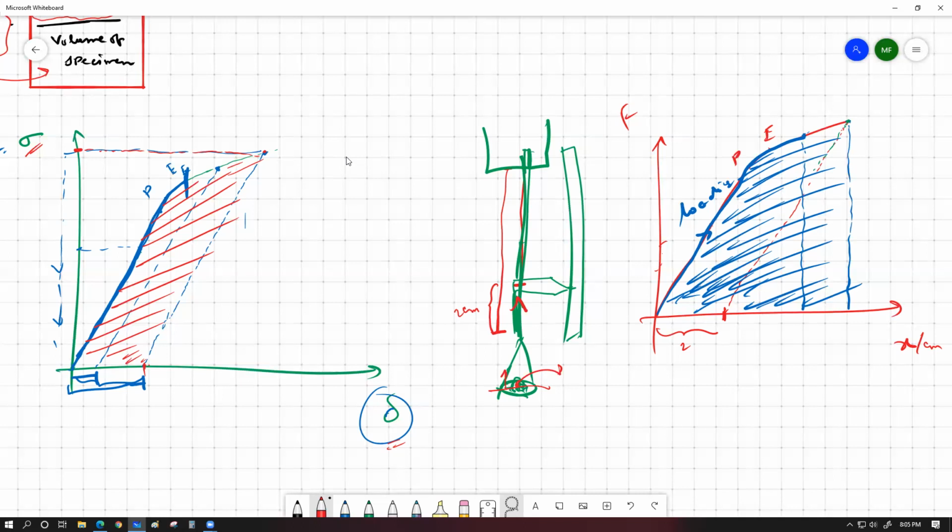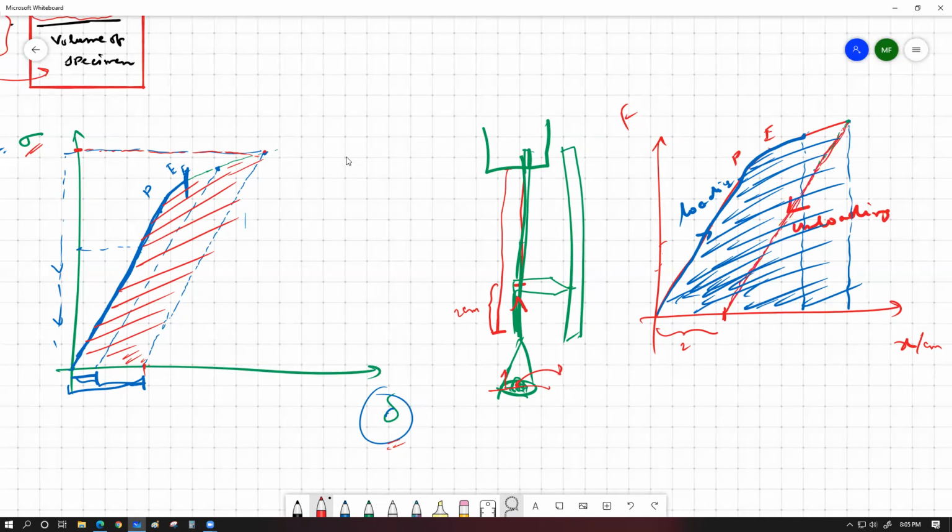As the object is coming back to its original shape, it's going to follow this path. So let's say I'm going to give an arrow over here and label this as unloading. So this is the unloading path, and the object follows this path while unloading. Then how much energy would be given up during the unloading process?